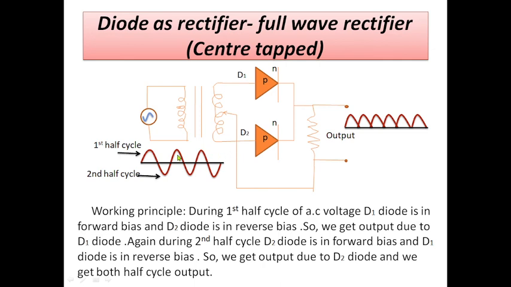So in the first half cycle, D1 is on and D2 is off, and we get the output; for the second half cycle, D2 is on and D1 is off, and we get the output. So for both half cycles we get the output. This is the full wave rectifier, meaning the full wave is rectified by this circuit. In this way we completed the PN junction diode. Thank you to all.